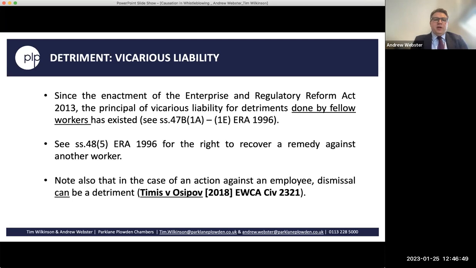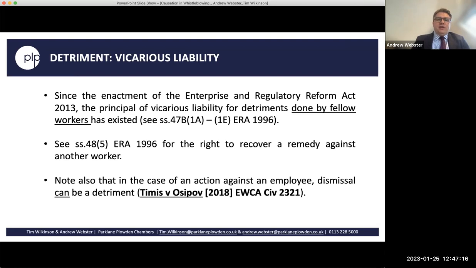And the point was made by counsel for the employer arguing against this, that this would effectively make Section 103A redundant. But Lord Justice Underhill was unimpressed by that submission and made the point that Section 103A is an automatic provision, whereas the provision in respect of workers is subject to a reasonable steps defence.